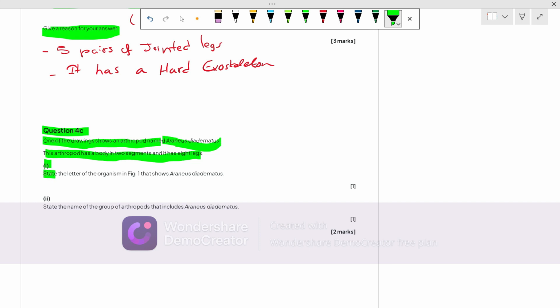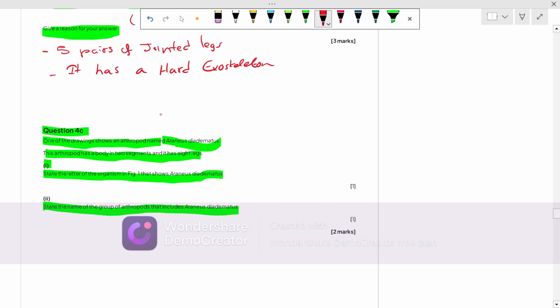First one, say the letter of the organism in figure 1 that shows Araneus diadematus. Say the name of the group of arthropods that includes Araneus diadematus. So the arthropod has a body in 2 segments and 8 legs. What do we have to do? We need to state the letter of the organism that shows this one.